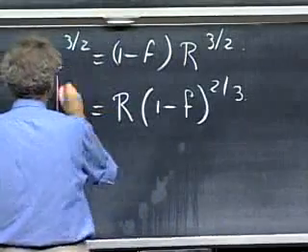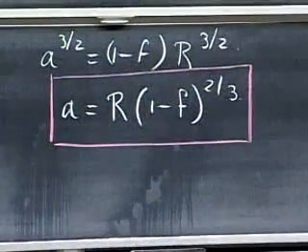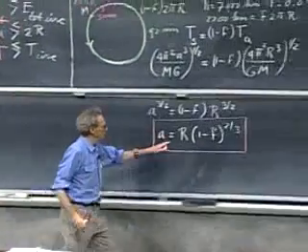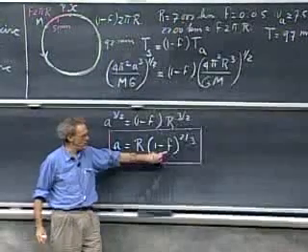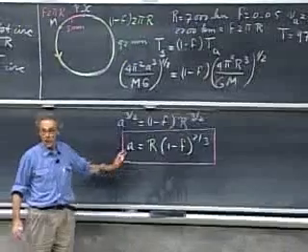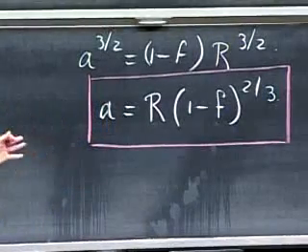And this is an amazingly simple result. It means if you know the orbit of Peter and Mary, which is r, and if you know how far the two lovers are apart, which is expressed in this f, then you know what the semi-major axis is of the sandwich orbit. That comes immediately out of this equation.